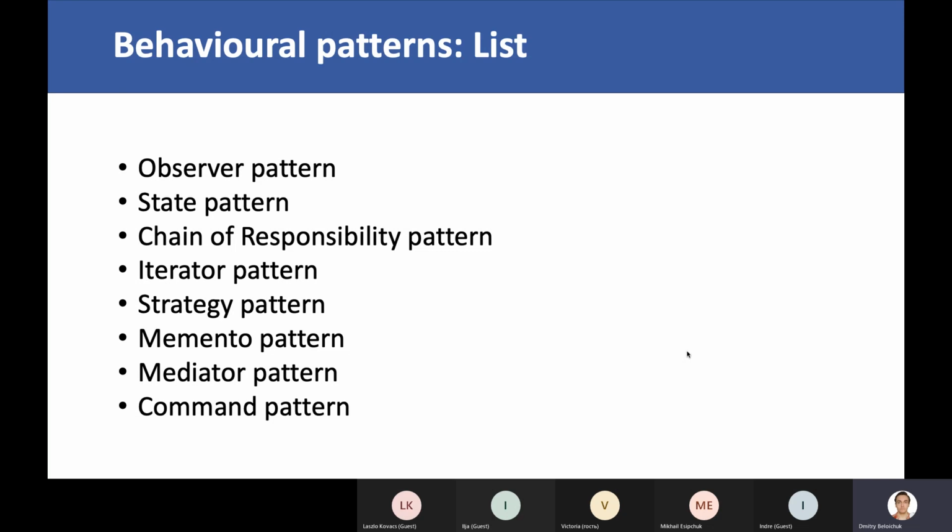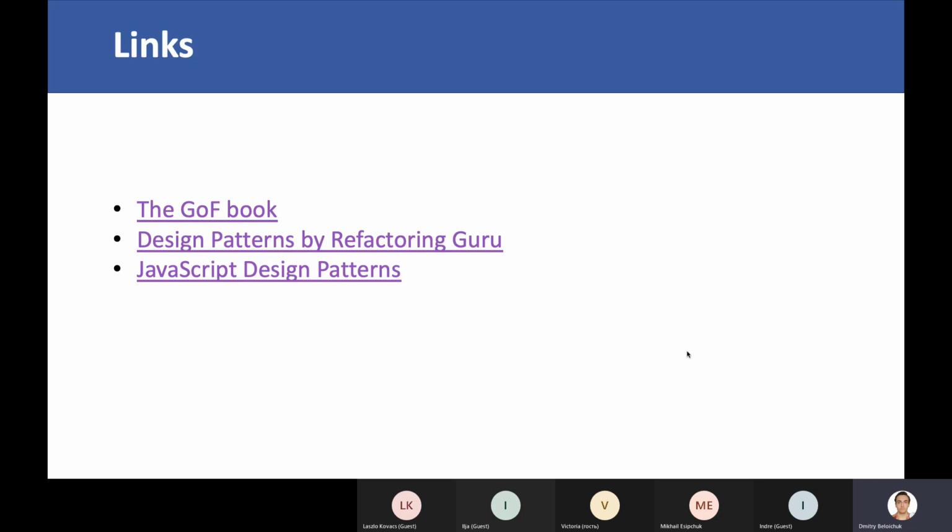So the command pattern lets you switch between different methods that might do different things, compared to the strategy pattern. And that's all. Actually, that's all of the patterns that I wanted to mention in this lecture.